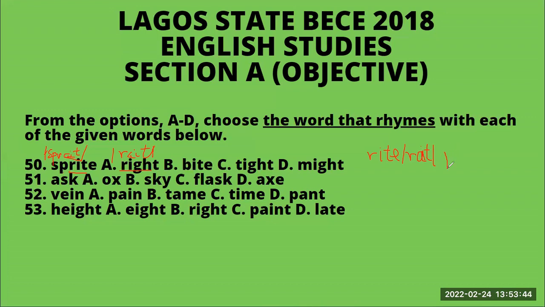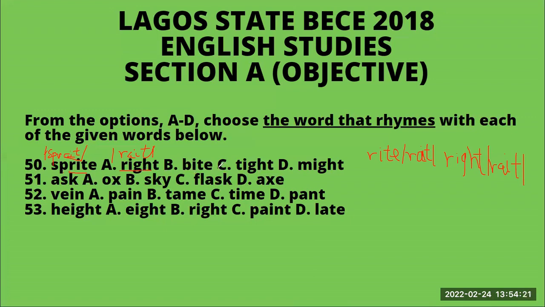Then again, R-I-G-H-T, GHT is also the same sound. Okay, the same sound. So they sound alike. And so when we remove SP in "sprite," we have "right," and it's the same sound with "right."